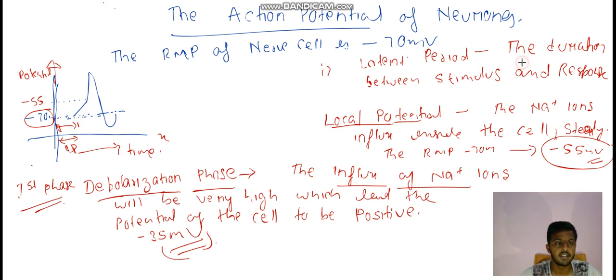So we can see here the increase in the membrane potential till plus 35, sorry, it should be plus 35, not minus 35, plus 35 millivolt. Okay, then after that, the second phase, which is followed by depolarization, is repolarization.